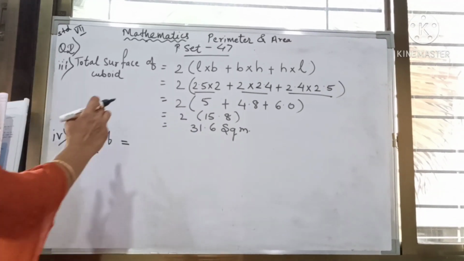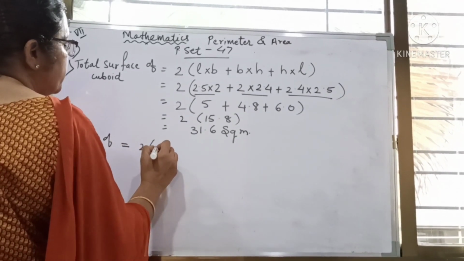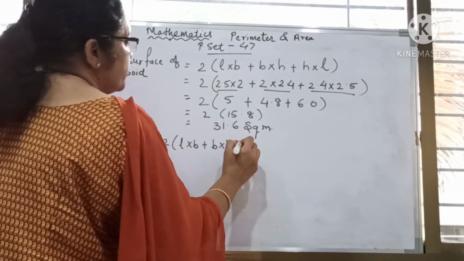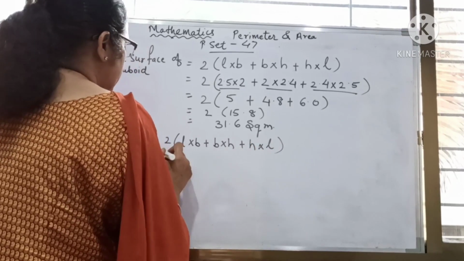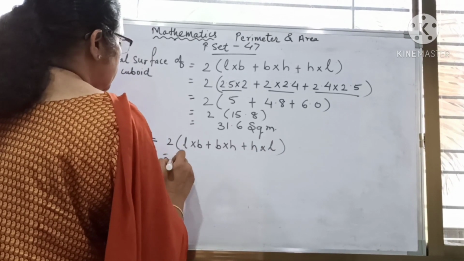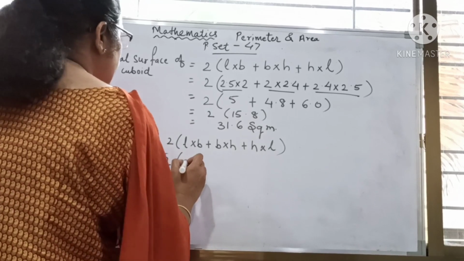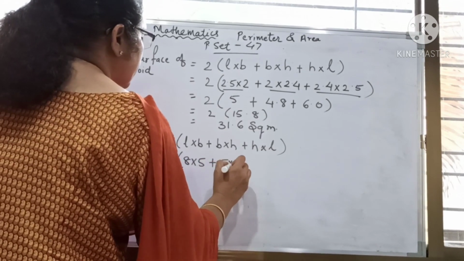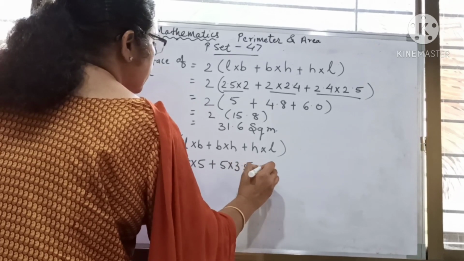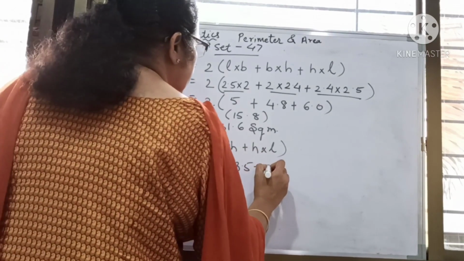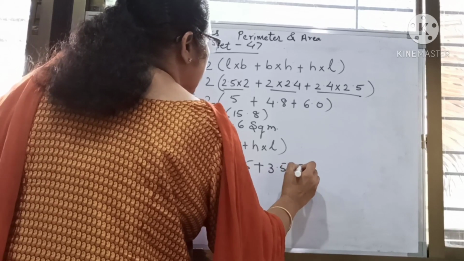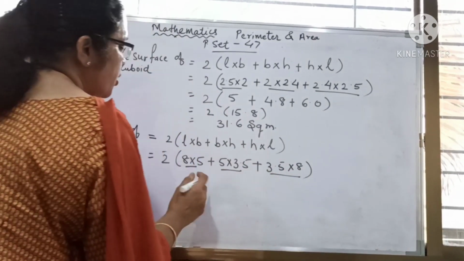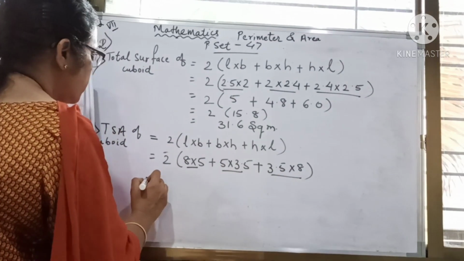First of all, we will write the formula: 2 into length into breadth plus breadth into height plus height into length. So length is given to you 8, breadth is 5, height is 3.5. Nothing, you have to just carry out the multiplication here.